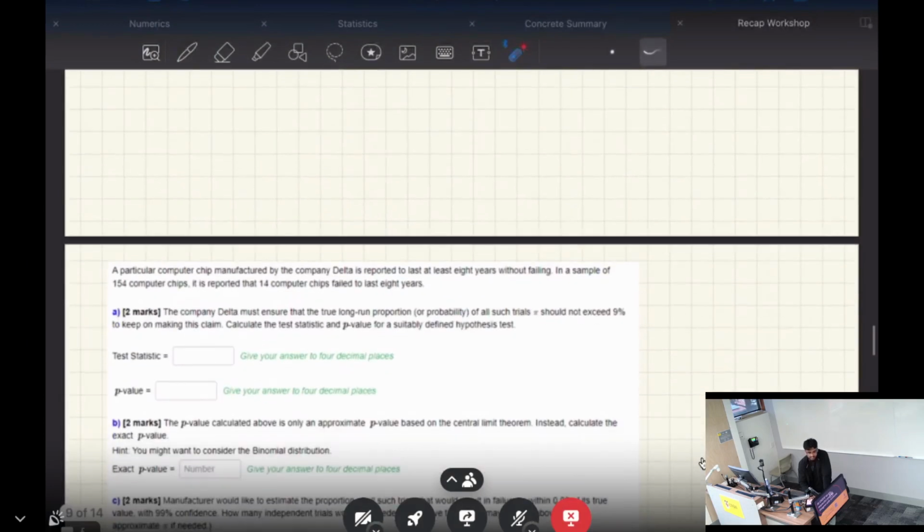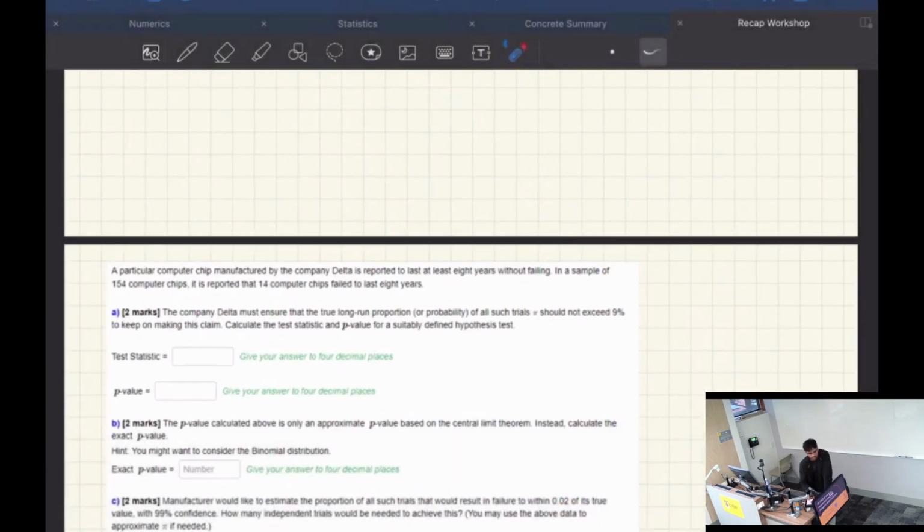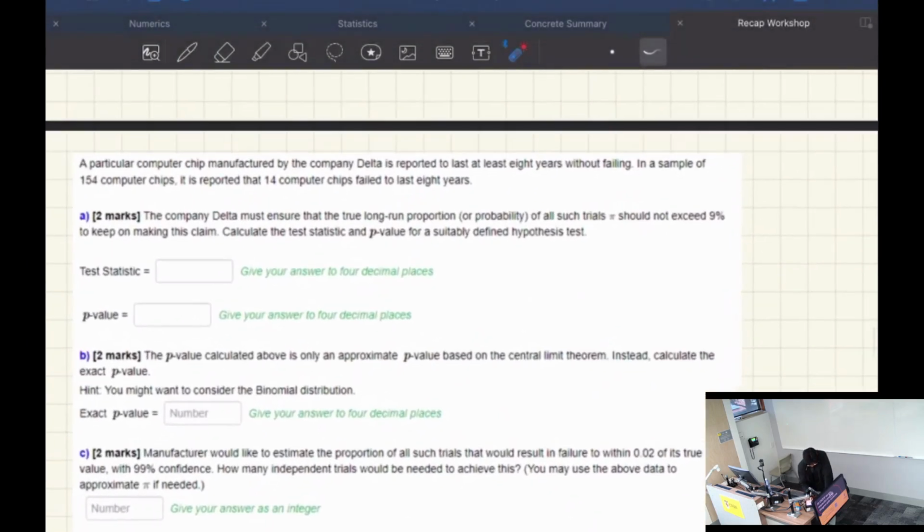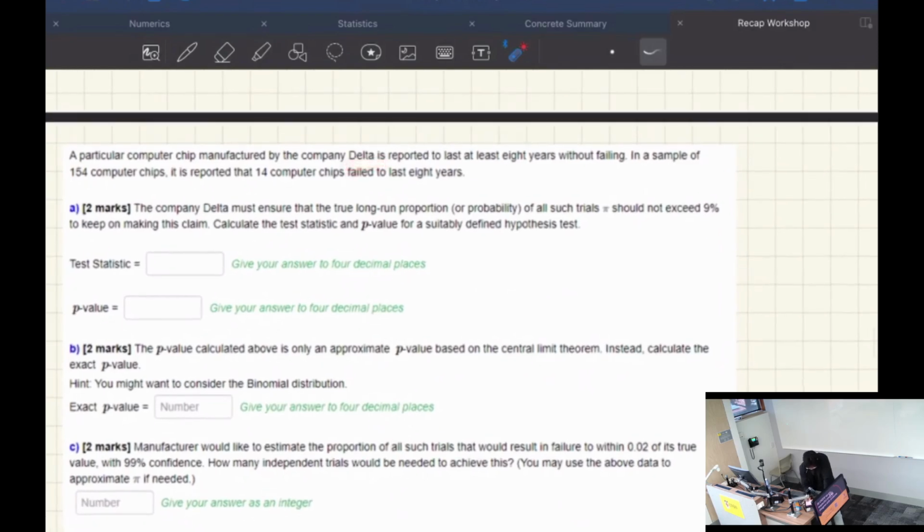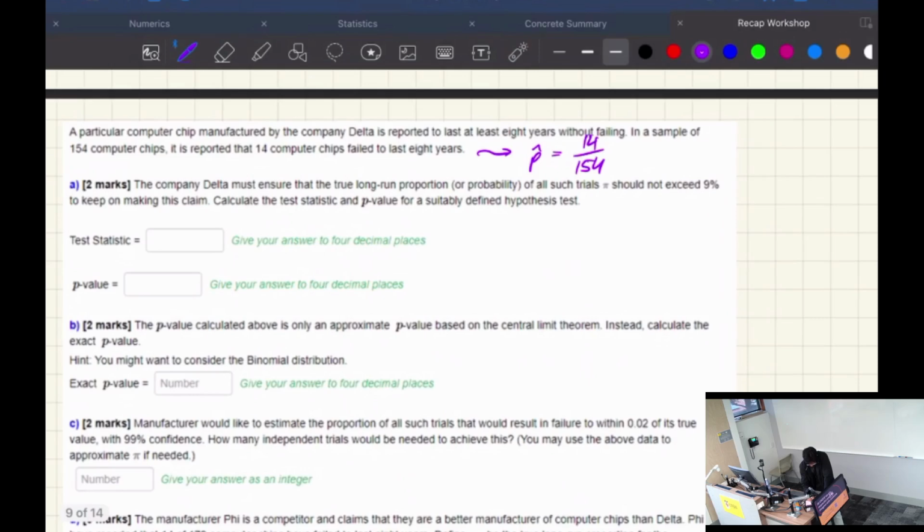So now this one is like the hypothesis tests from like week 7, 8, 9, right? So a particular computer chip manufactured by company Delta, reported to last 8 years without failing. So our sample that they've given us is equal to 14 over 154. Everyone see that? 14 over 154, all right? Because it's last 8 years. All right, test statistic for a sample uses a different formula, okay?